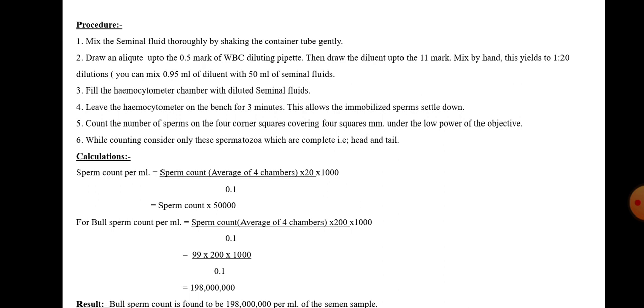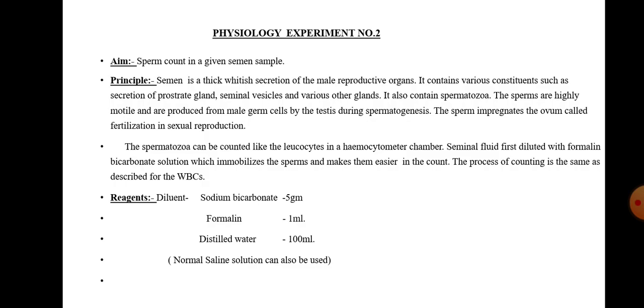So that comes to 198,000. So the bull sperm count is found to be 198,000 per ml of the semen sample. So this is your sperm counting analysis, or this is the second experiment.